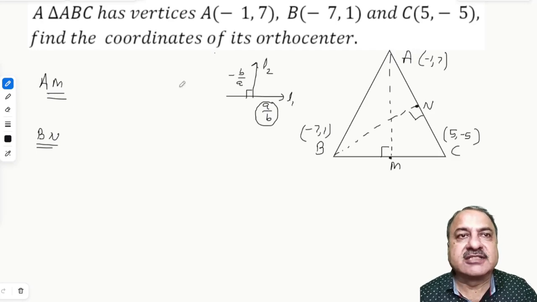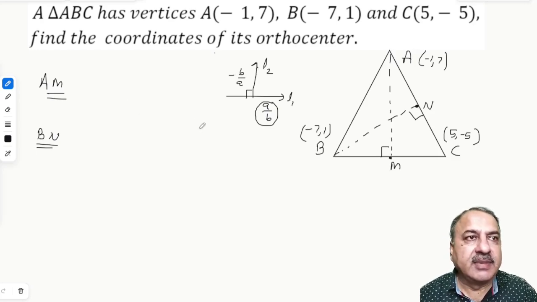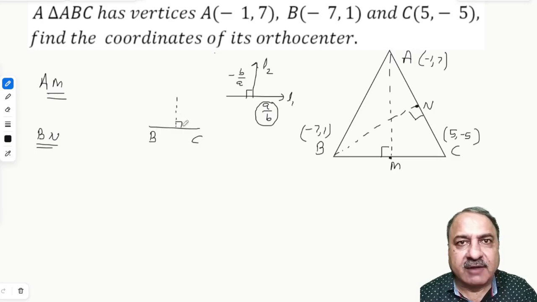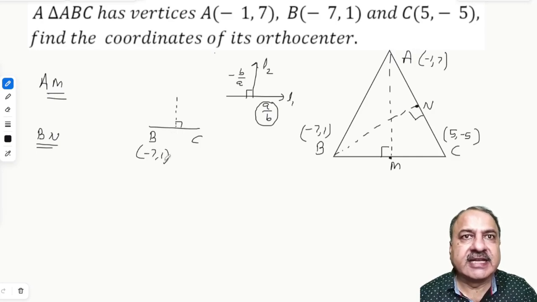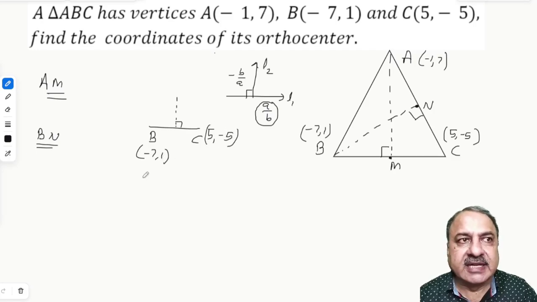Now, let's think about the side BC. We know that AM is perpendicular to it. We have to find the slope of BC first. B is (-7, 1), C is (5, -5). The formula of the slope is y2 minus y1 divided by x2 minus x1.